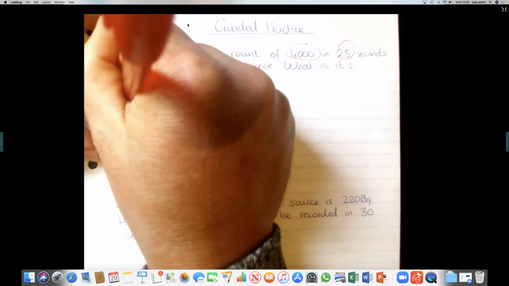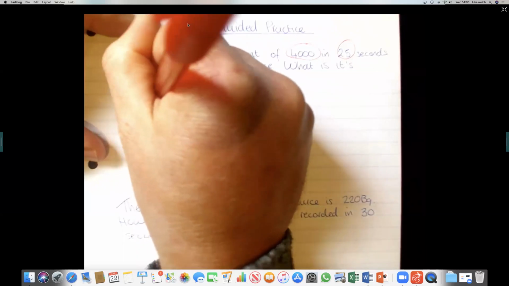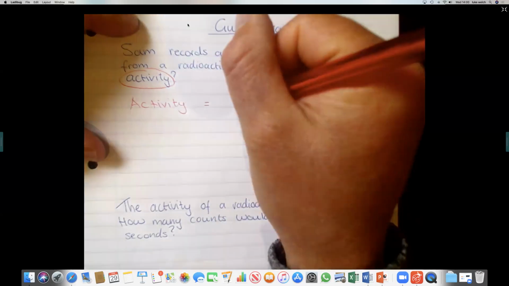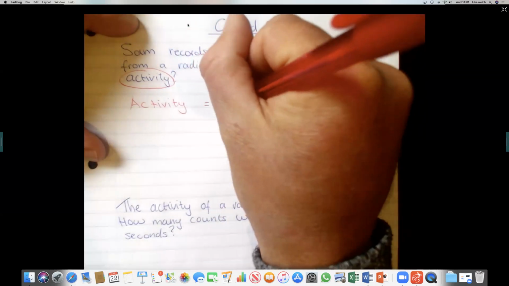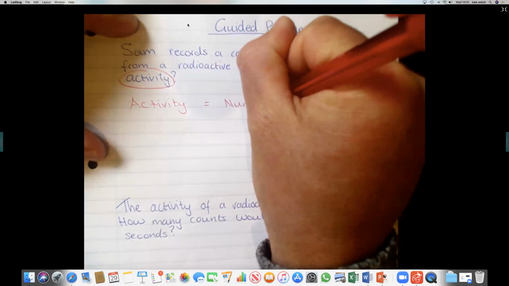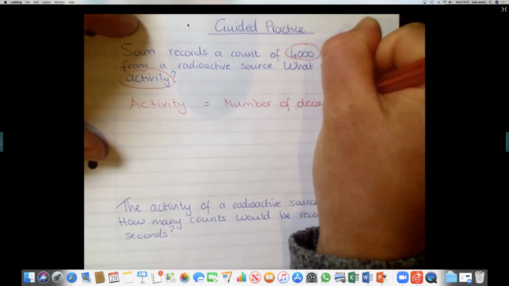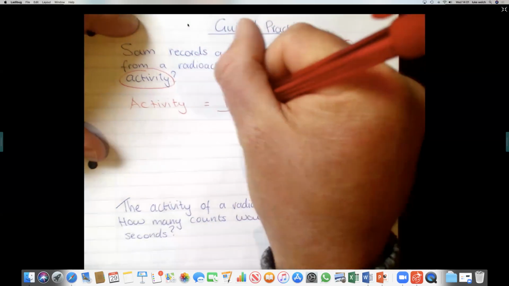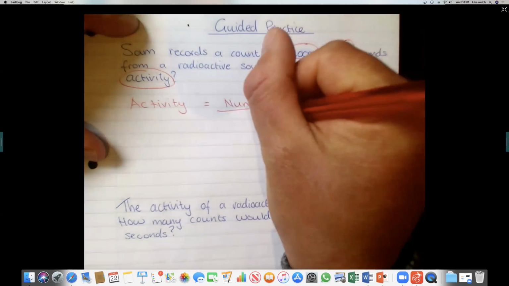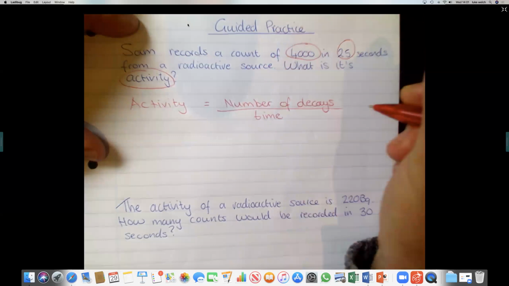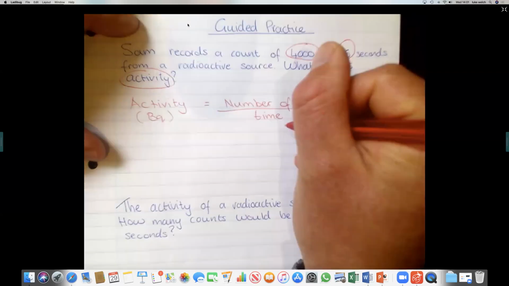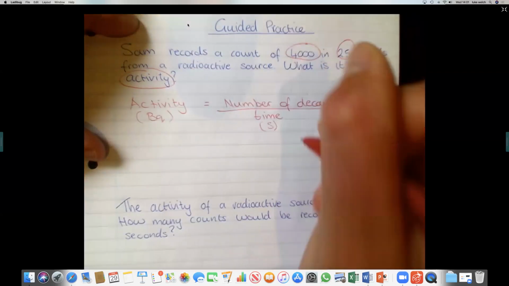So activity equals the number of decays divided by time. And we must remember that activity is measured in becquerel. Time, we're measuring it in seconds.